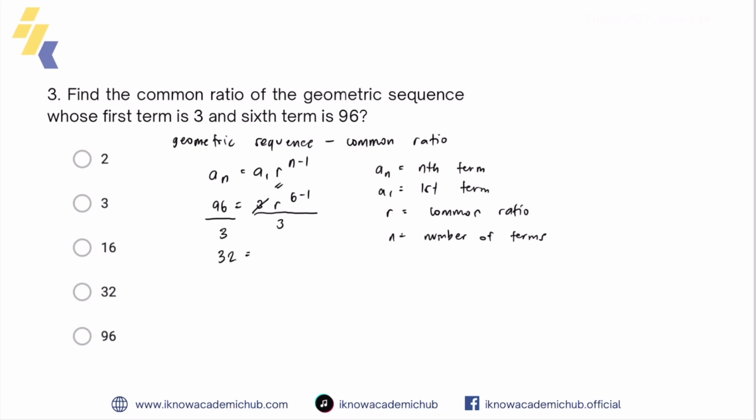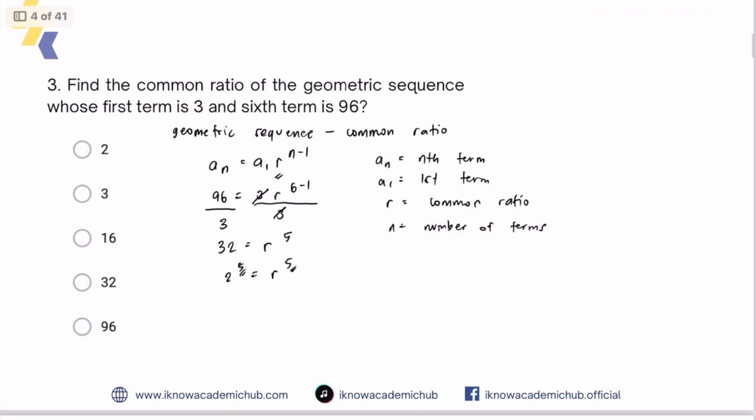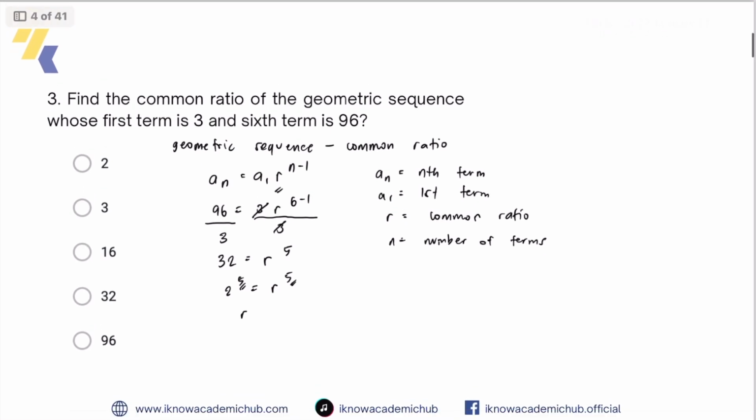And we have here 32 is equal to r raised to 6 minus 1, which is 5. Note that 32 is just 2 raised to 5. And we equate that to r raised to 5. Since we have common exponents, we can equate the bases. R is equal to 2. So this is the correct answer.